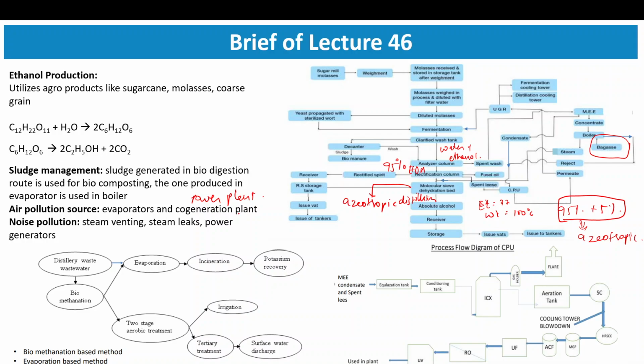So these are the main sources of air pollution, and since these are very common, common conventional air pollution control is adopted. Noise is usually generated through steam vents, steam leaks, and power generators. So this was all about ethanol production.